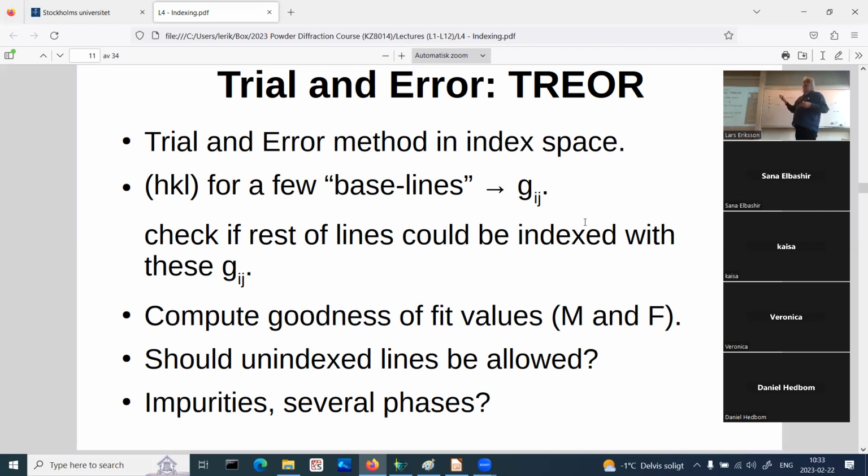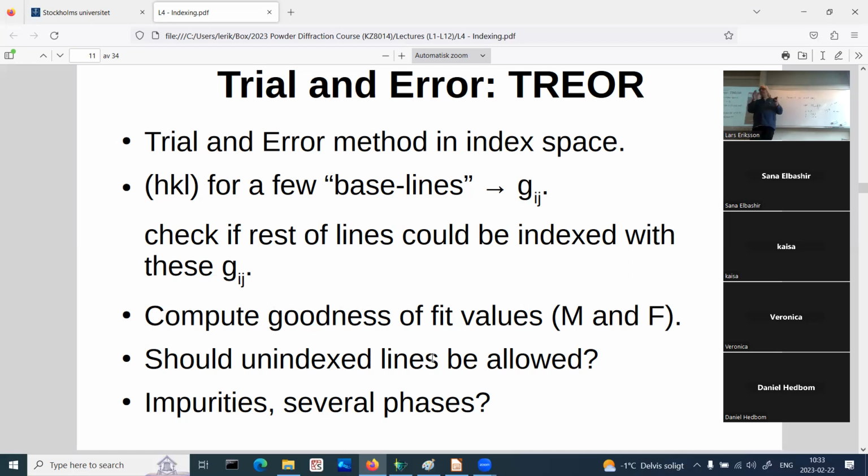It could be an unknown impurity. But if you think that your sample is phase pure, then all lines need to be indexed. Otherwise, it's not a unit cell.